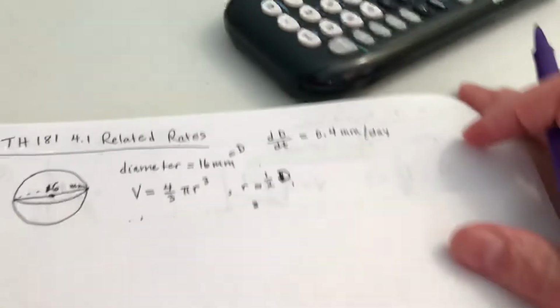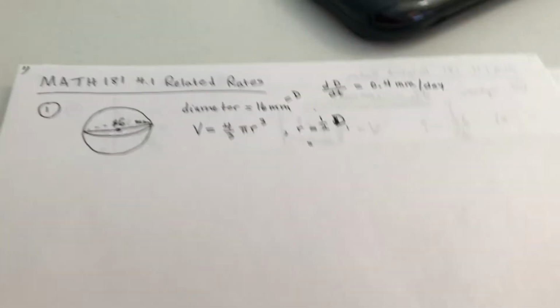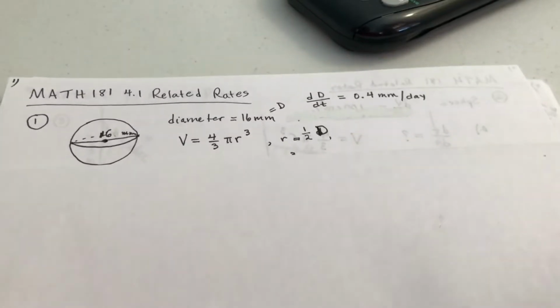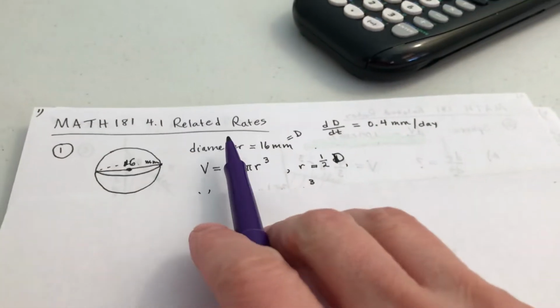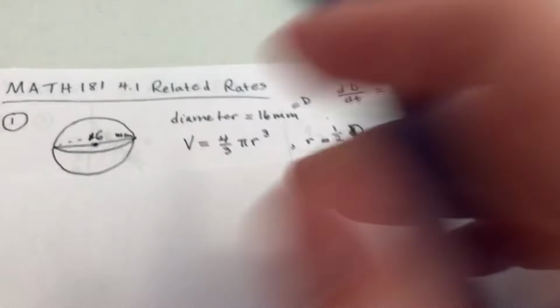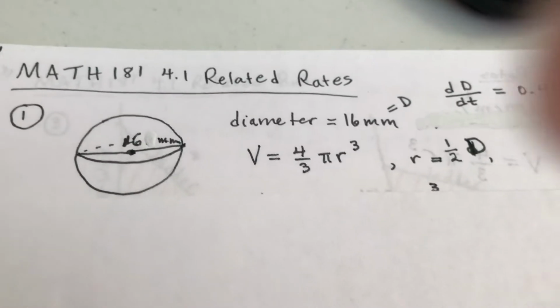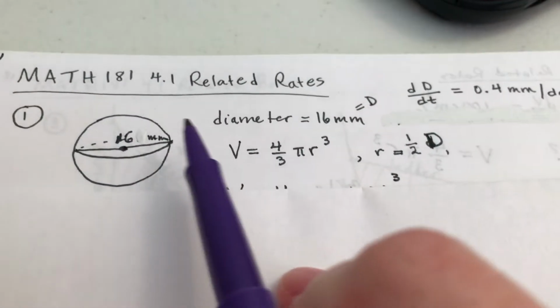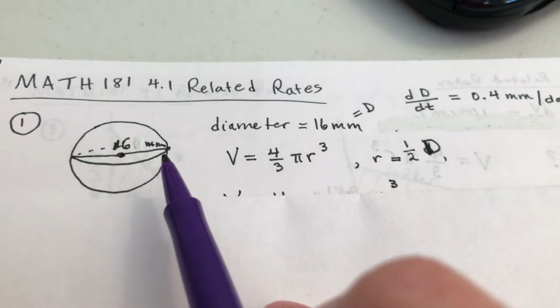That's the question. I've written a few things before filming. Again, this is 4.1, number one, and I've drawn a sphere with a 16 millimeter diameter.